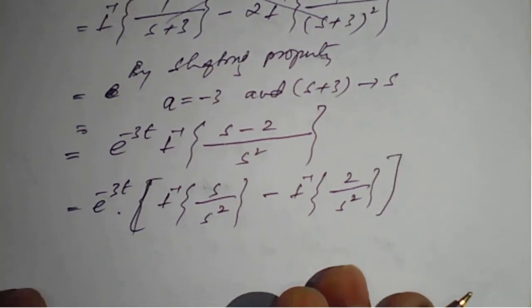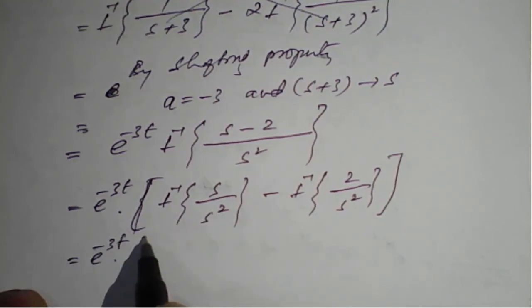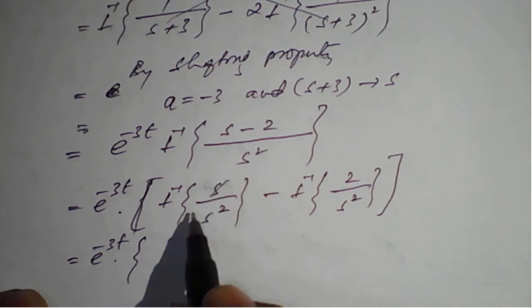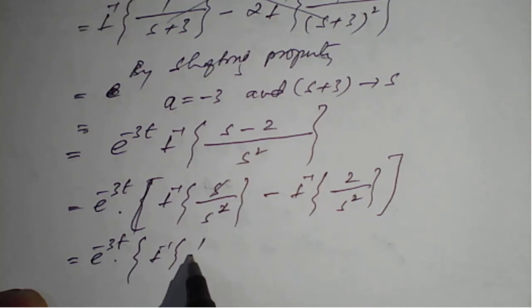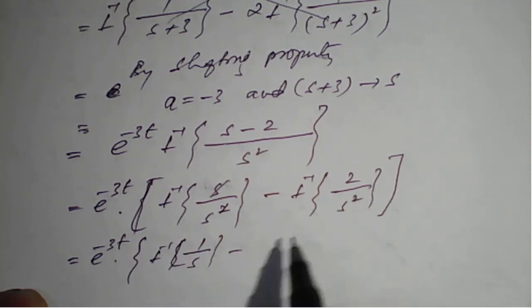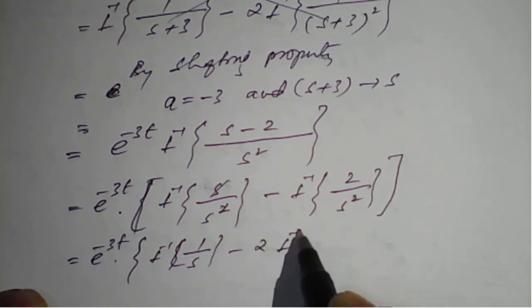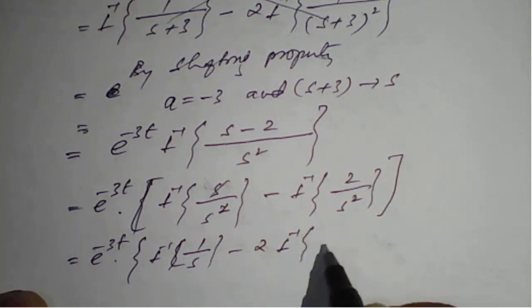On simplification, e raised to minus 3t bracket, s cancels, so L inverse of 1 upon s, minus, 2 is a constant, inverse Laplace of 1 upon s square we left here.